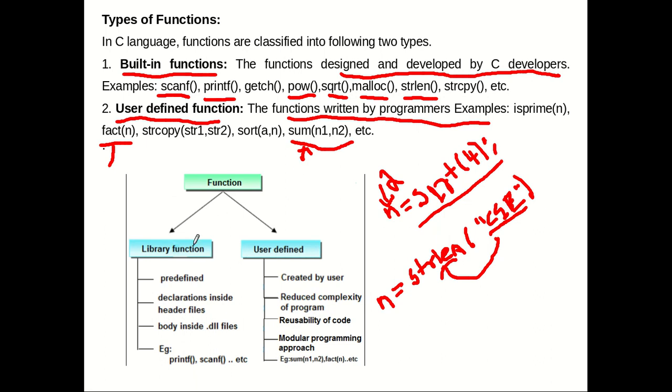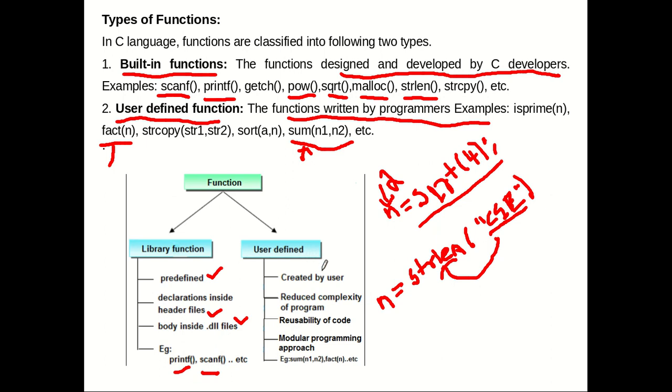The library functions, built-in functions, are called library functions. Those are predefined, already present in a library. The declaration is inside header files, so they are present in header files. The body is present in DLL files, say the printf function, scanf function.